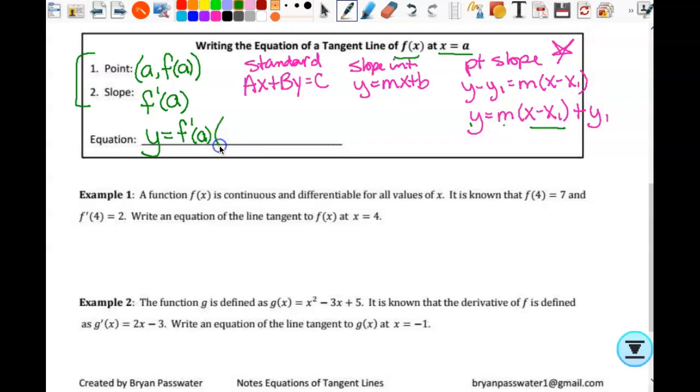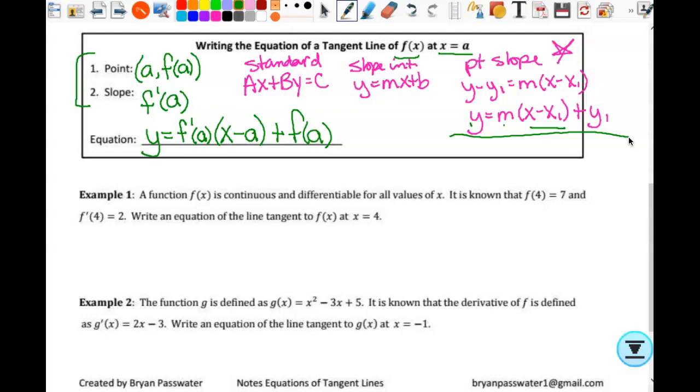Then I'm multiplying that times x minus the x value, which is a, right? Plus this y value, which is f of a. But all that stuff just comes from here. So this is what really goes in this blank, but you thinking about it this way, it's the same thing, and it looks not nearly as intimidating as that other one, okay? But that's how it all fits in there anyway. We good with that? Questions?